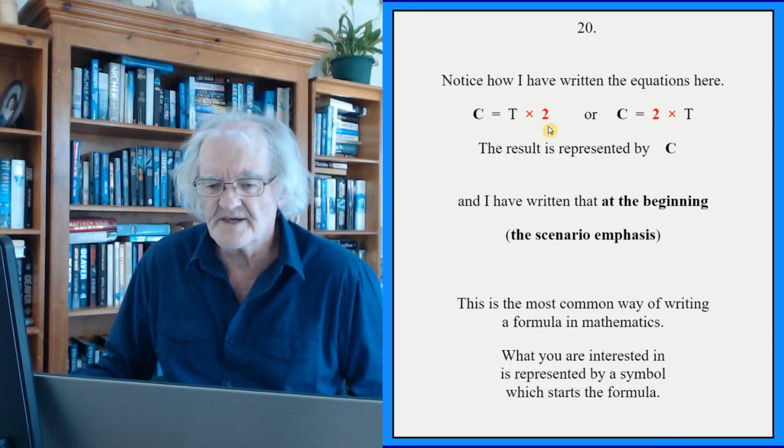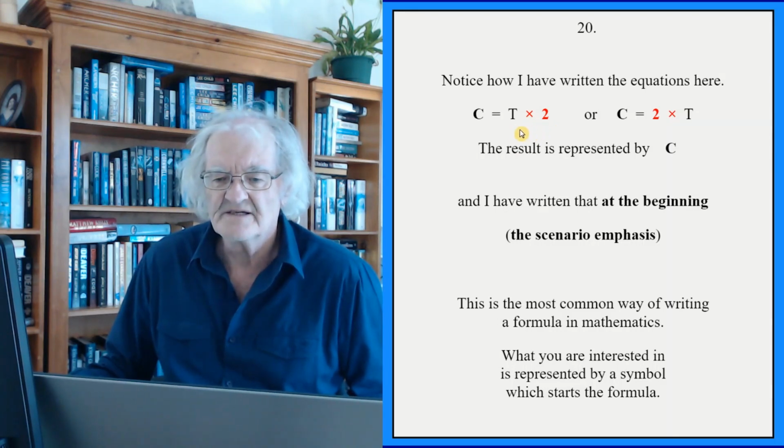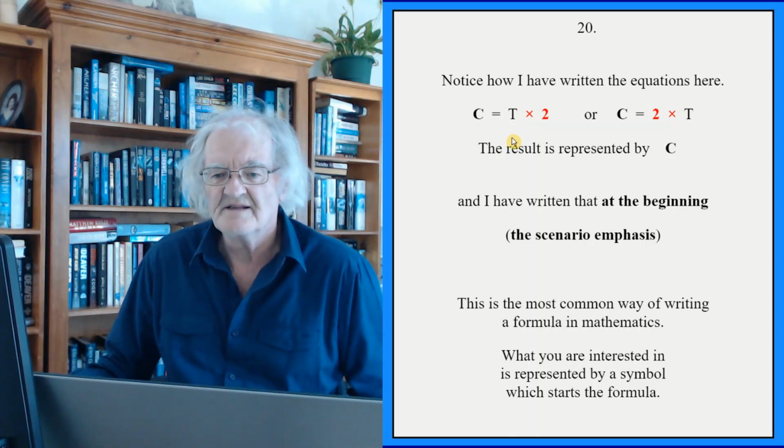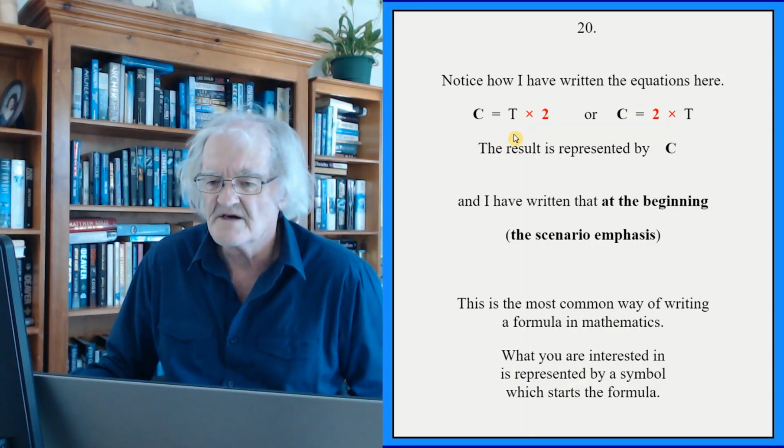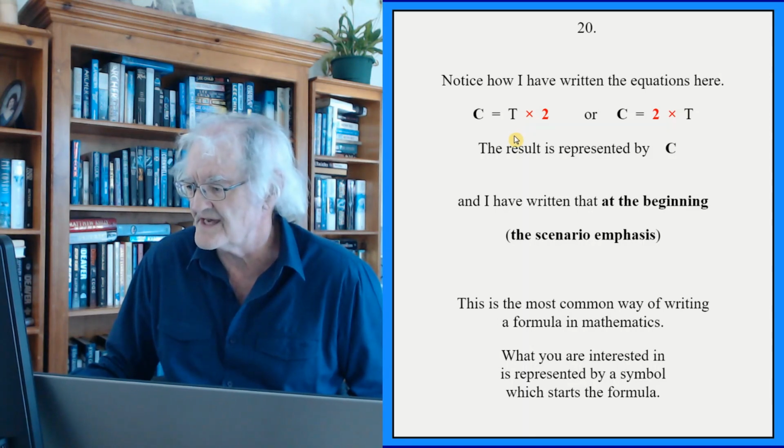The 2 appears to indicate 2 chairs per table. In other words, a doubling of the table number. But notice, numbers such as 2 3s are 6, they are only relevant when we come to examples.